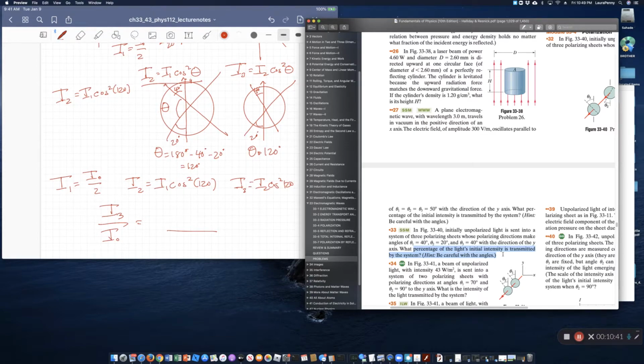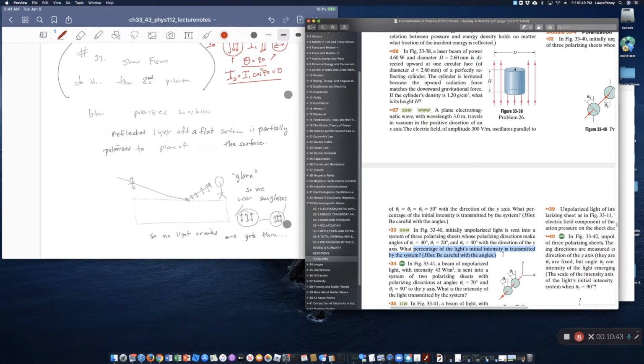Okay, so going back, we talked a little bit about this in class, that when you have light that's reflected off of a flat surface, it's partially polarized to the plane of that surface.